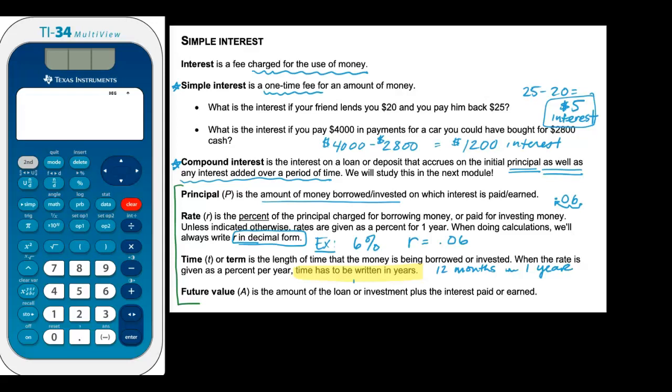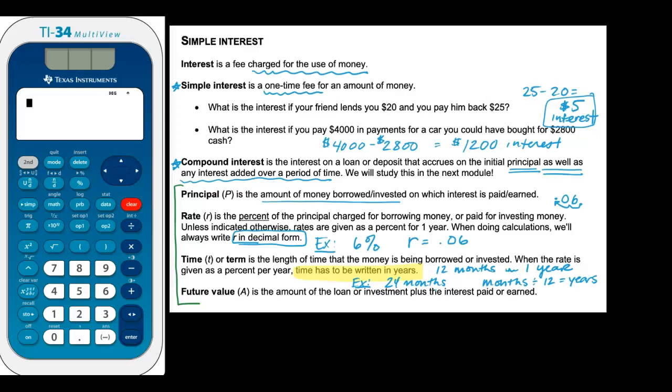Say, for example, the problem said that someone took out a loan for 24 months. You can always take the months divided by 12, and that'll give you the years. In this case, 24 divided by 12 is 2, so 24 months is the same thing as 2 years.